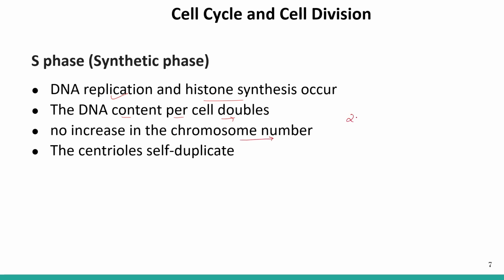If the organism is diploid, meaning it contains 2 sets of chromosomes, then the chromosome number will remain the same, it will again remain 2N only, but the DNA content will double. It will become 4C after the synthetic phase due to DNA replication. So you can say same chromosome number, but the DNA content doubles.